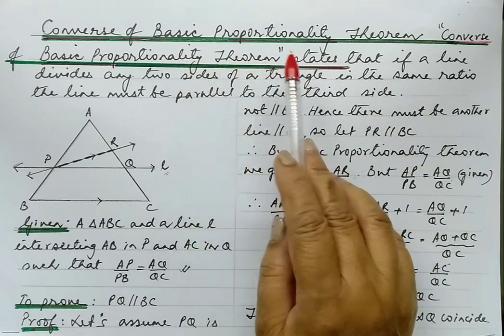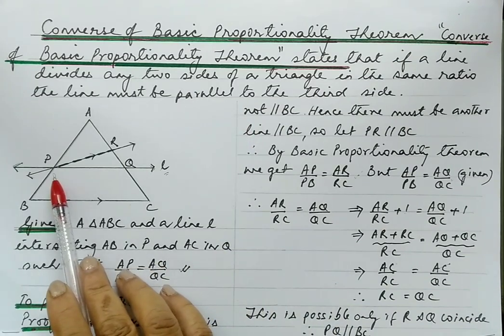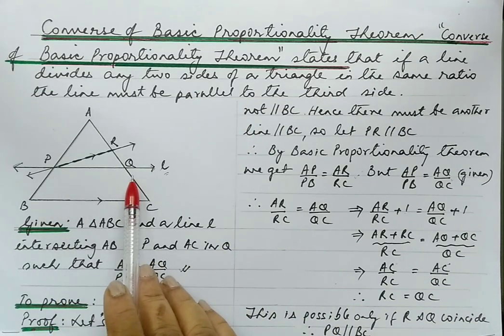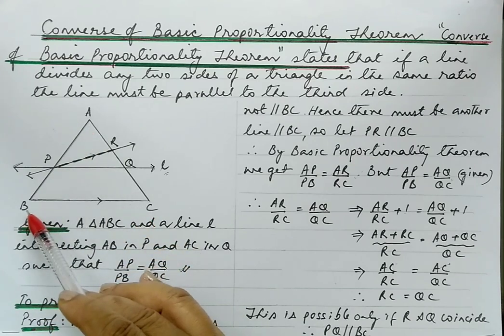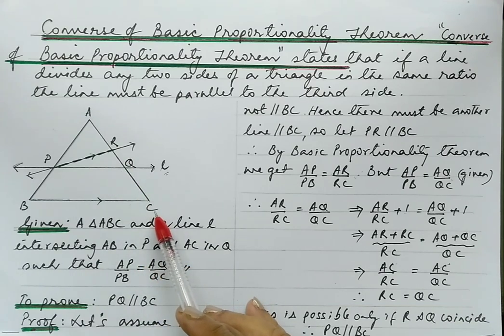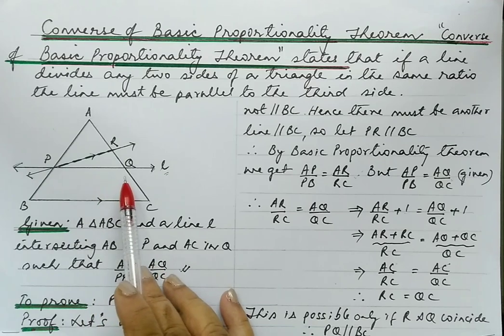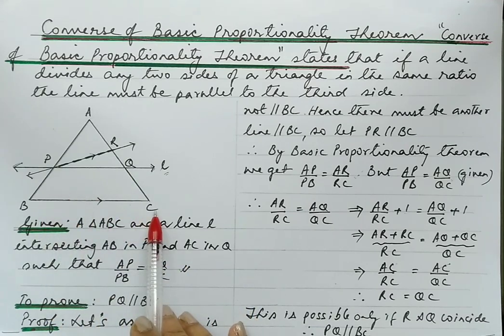As per the basic proportionality theorem, if a line, say PQ, is parallel to BC, in that case AP upon PB will be equal to AQ upon QC, right? Here we haven't got the declaration that PQ is parallel to BC.